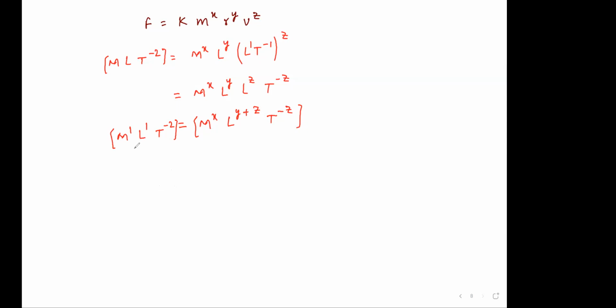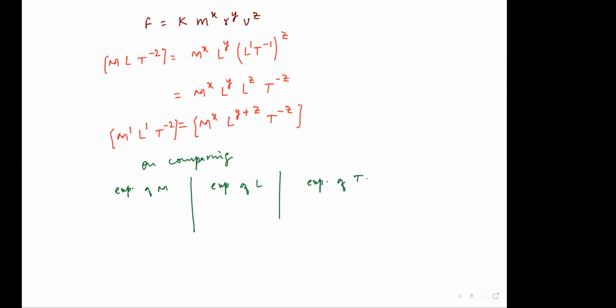So just see, we have the exponent of M on the left hand side and the exponent of M on the right hand side, and compare them. On comparing the exponents of each part: first for the exponent of M, second for the exponent of L, and third for the exponent of T as well.